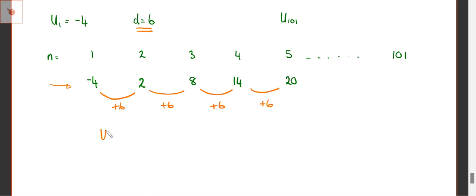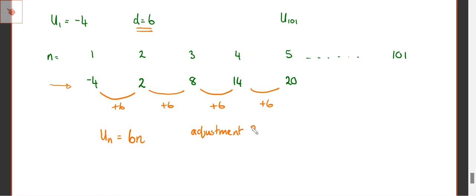We can write that Un equals 6n. Remember that, yeah? Take that number and it's that number of n's. But we want to know what the adjustment needs to be, if any.